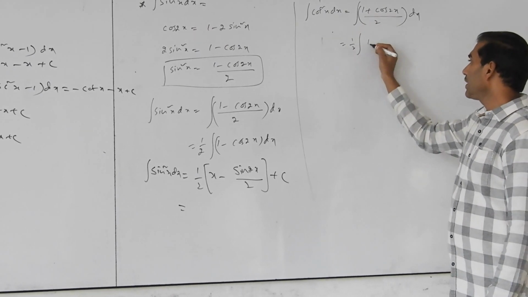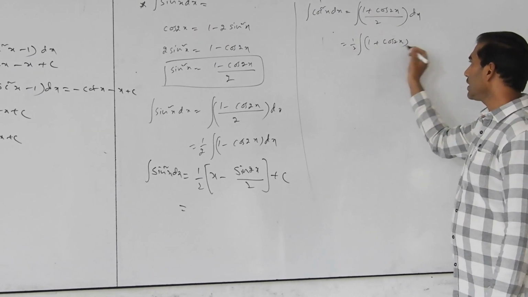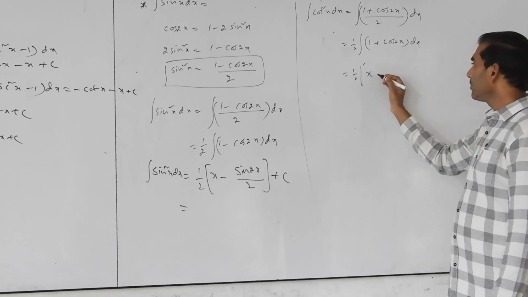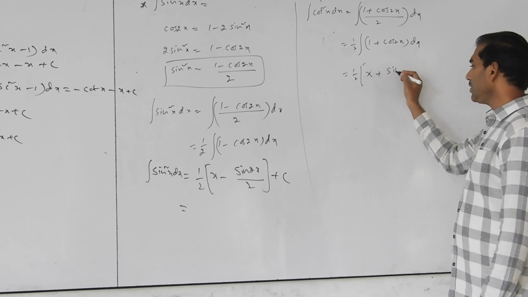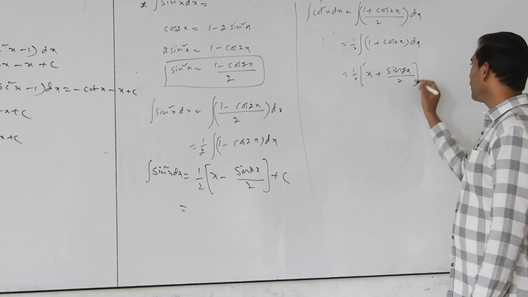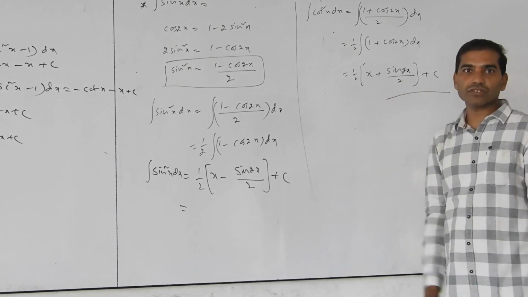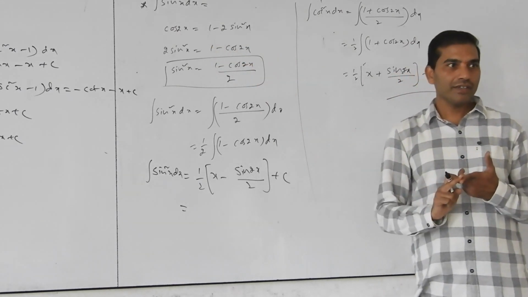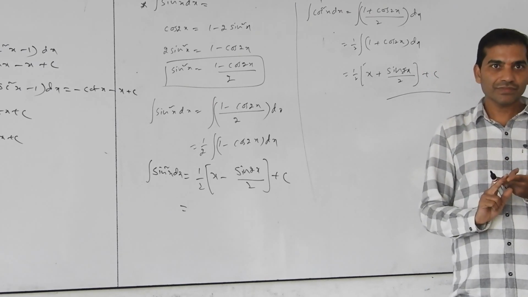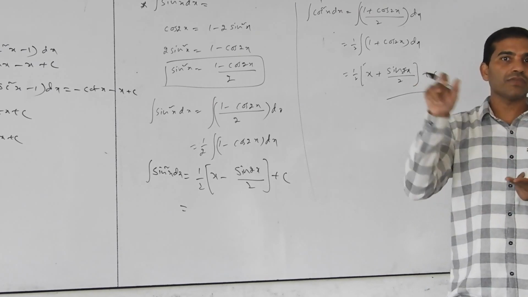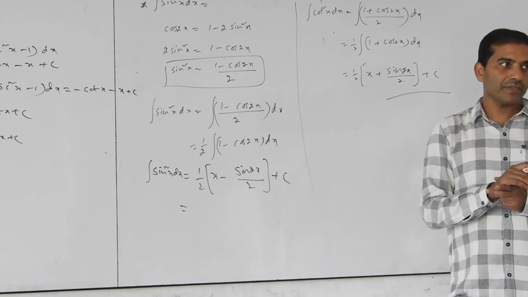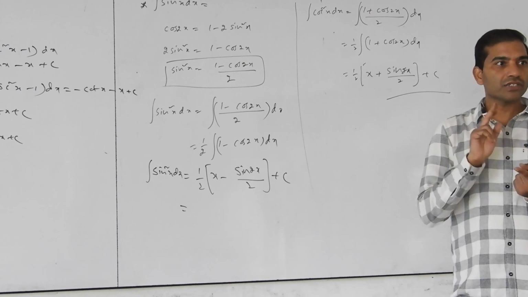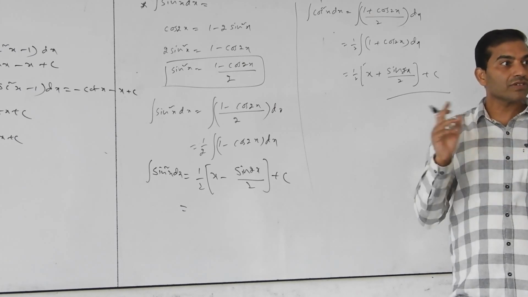So 1 by 2 times the integration of 1 plus cos 2x dx, which is 1 by 2 times x plus sin 2x by 2, plus c. We have done the integration of sin square x by using 1 minus cos 2x by 2, reducing the power. Integration of cos square x uses 1 plus cos 2x by 2. Integration of tan square x uses secant square x minus 1.